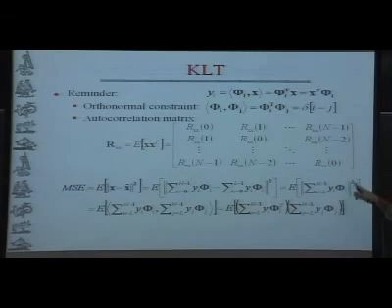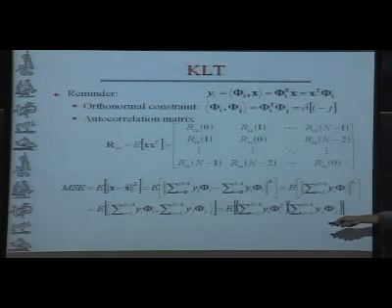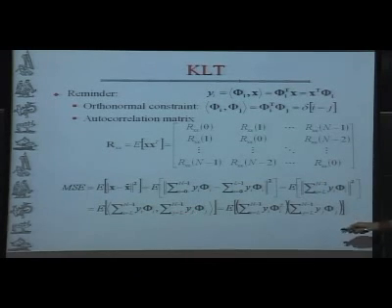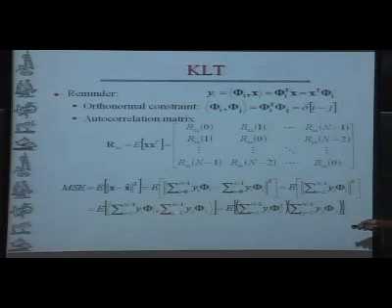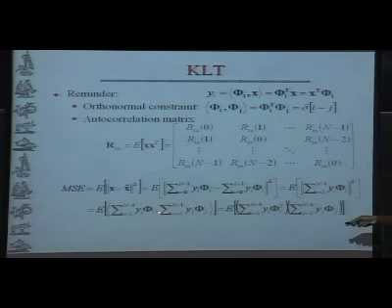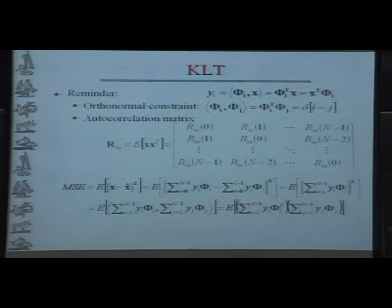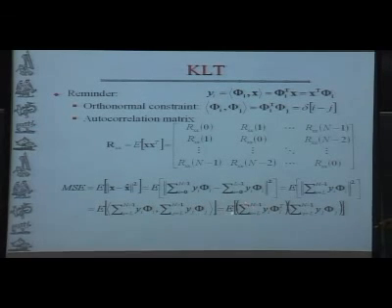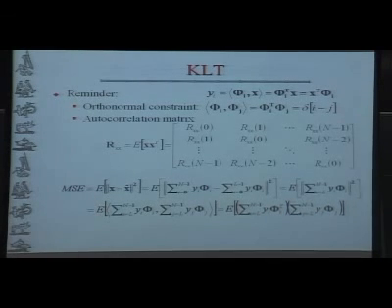So this is the next step. Instead of writing it as an L2 norm, I will convert it to an inner product, and I can write this as the expectation of the inner product of these two guys, this dot product with itself. This is the same as the expectation of the summation of these terms times the summation of these terms.